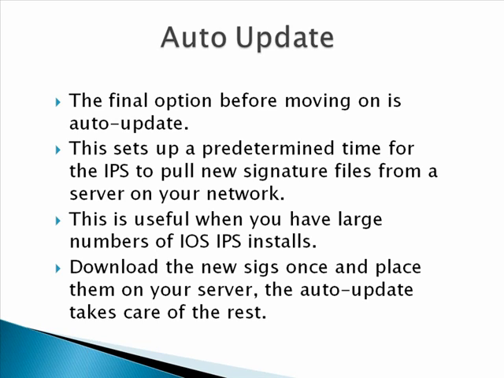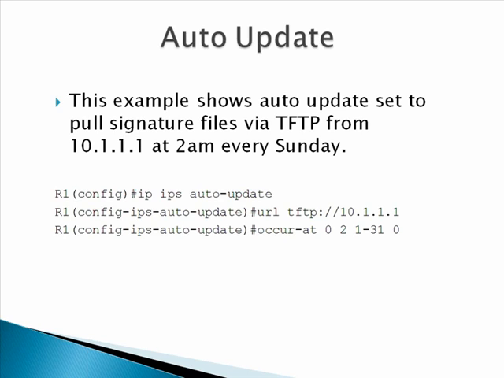So the point of this is it would be nice if it actually went out to Cisco's site and downloaded the signature updates, but that's not what it does. You set it pointed at one of your internal servers, and you download the signature file once from Cisco, and then at a predetermined time, your IOS IPS boxes will connect and attempt to automatically apply these new signatures.